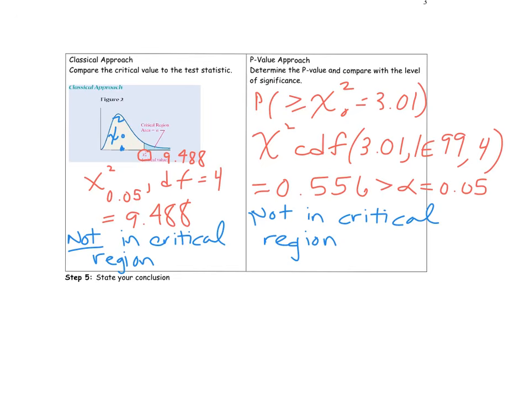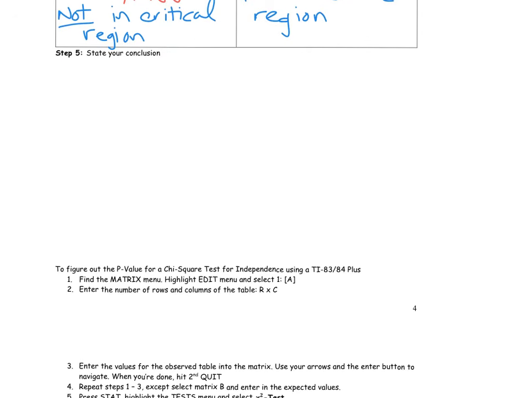State our conclusion. Okay, so same as before. What kind of evidence do we have?